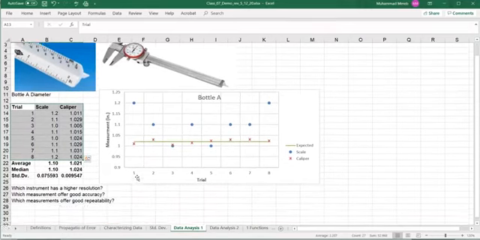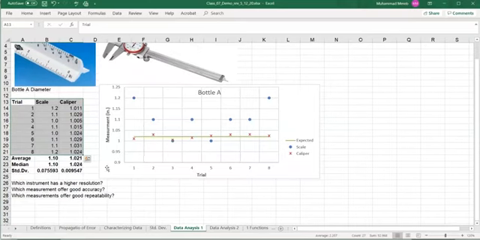Yeah, the standard deviation just shows you how the values cluster around the mean. So you can see the standard deviation is smaller using the caliper than using the scale, which makes sense here because all of the results we got from the caliper are clustered to the green line compared to the one we got from the scale.